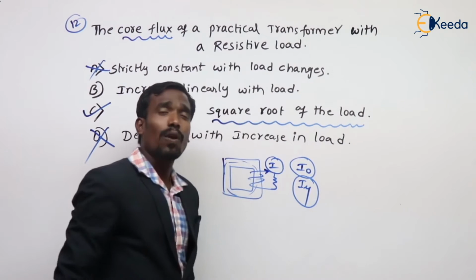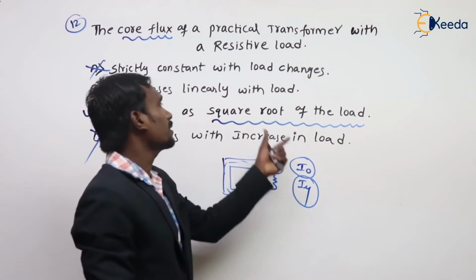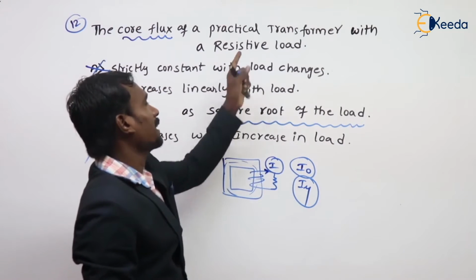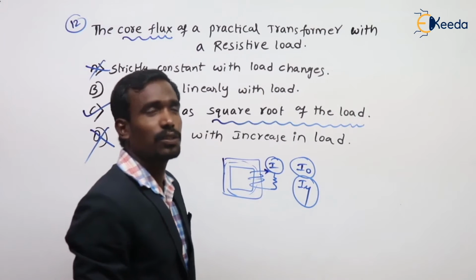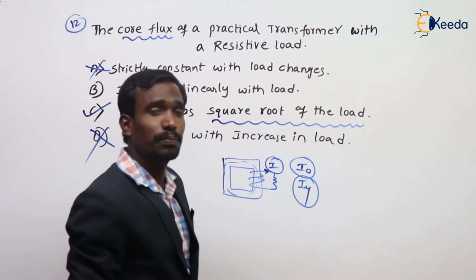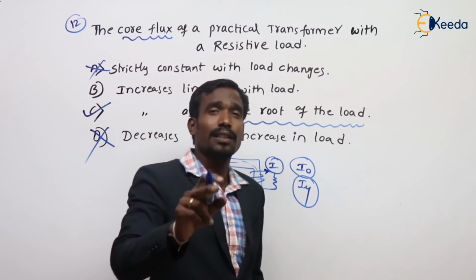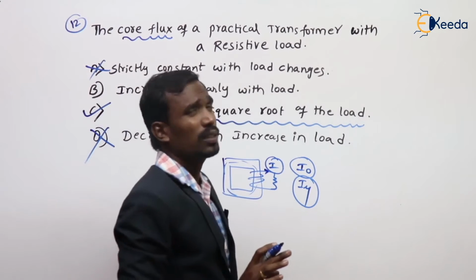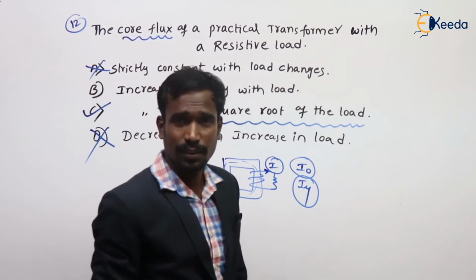This is the preferable correct answer. When a practical transformer is connected to a resistive load and the load increases, the core flux also increases, but not linearly. It increases with square root. This is the question. Just remember this.